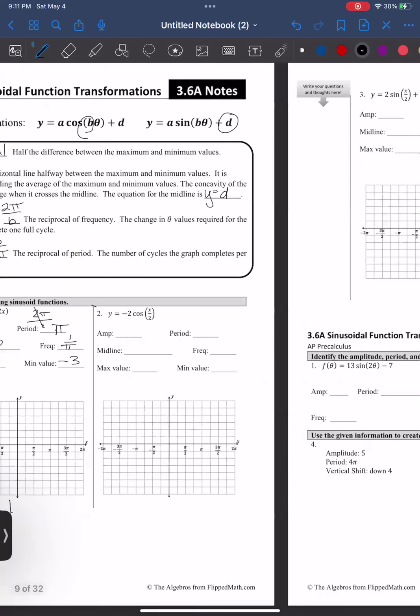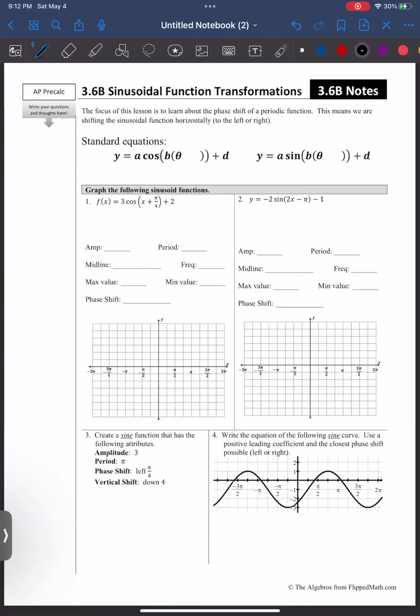So now 3.6b is now with the introduction of the shift left to right, which I'm going to write in as a plus c. Okay, and then remember that these are always going to be their opposites, right? So in this example, I have the 3 cosine of x plus pi over 4, plus 2.